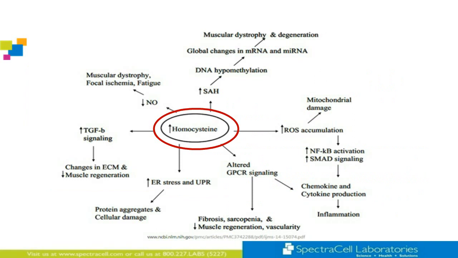This is somewhat of a busy slide, but there's a lot here. I just want to present it for reference primarily. And what we see is that when homocysteine is elevated, a lot is going on.